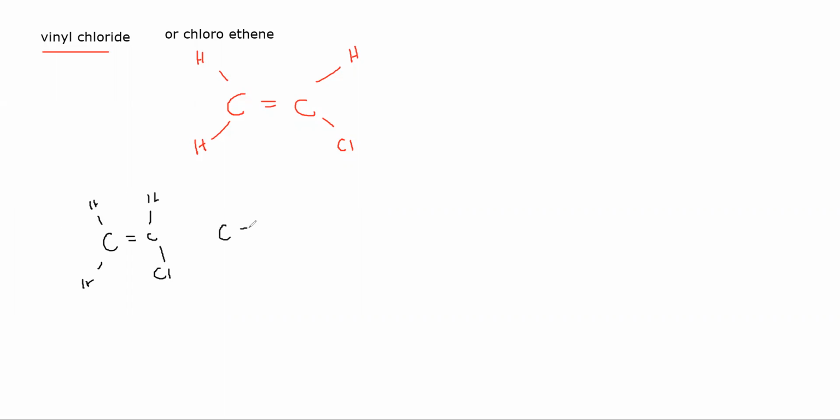Then there will be another monomer, then another, and there will be a lot of molecules. These are the monomers, which are also known as chloroethene.